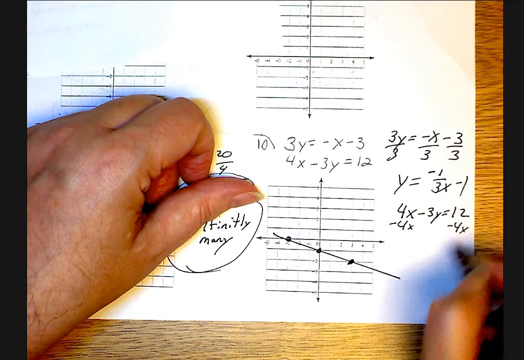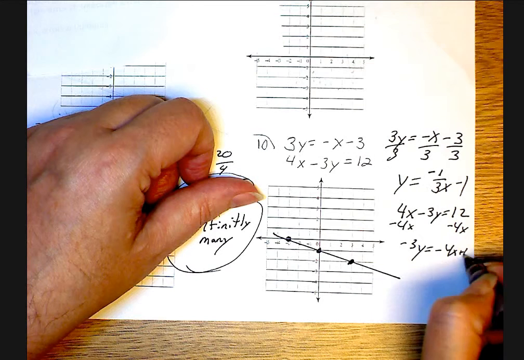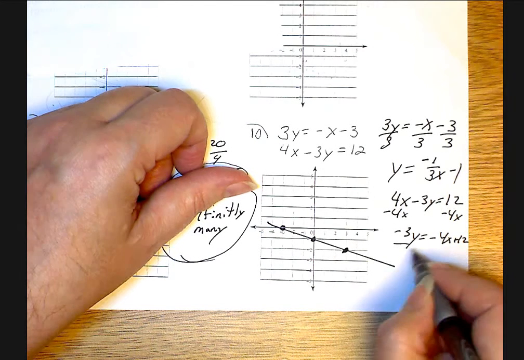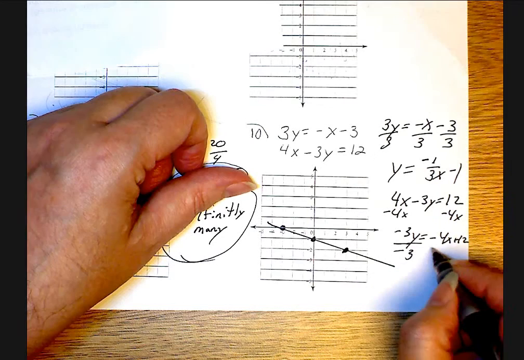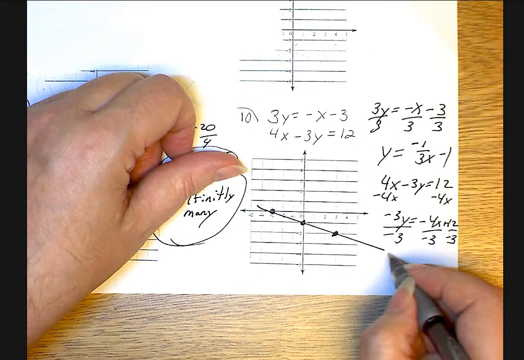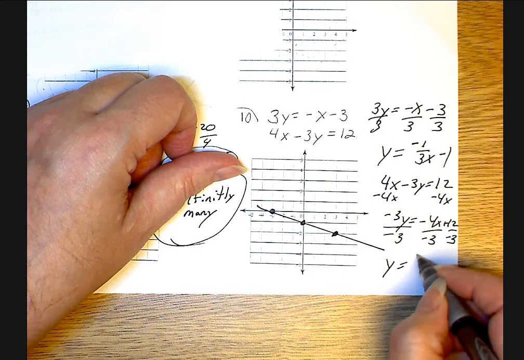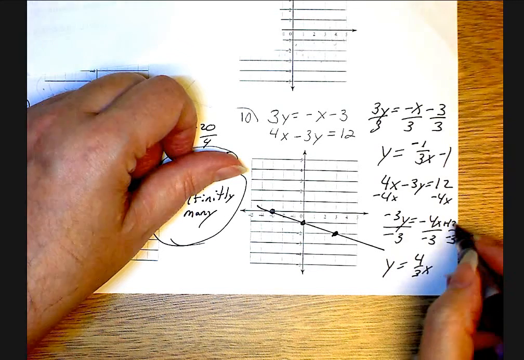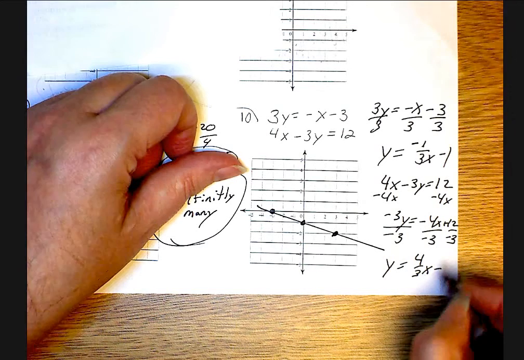So I got negative 3y is equal to negative 4x plus 12. Divide by? Yep. So I get y is equal to 4/3 x, and then 12 divided by negative 3 is negative 4.